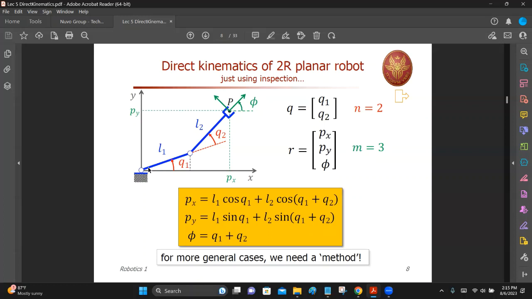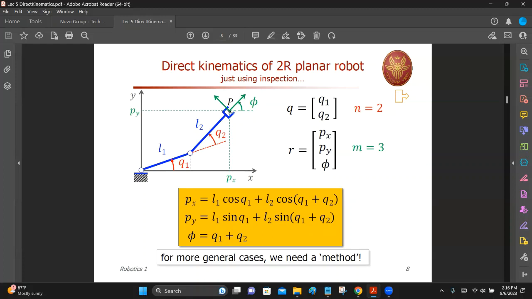So at this configuration, the joint angle vector is Q1 and Q2. It's a 2 degree of freedom manipulator, 2 joint angles. What about the Cartesian description, which means how you describe the robot in Cartesian space? For that, you can go to the endpoint and describe it. Measure the distance along the x direction of the world coordinate frame, the reference frame. This is px, and the vertical position is py.